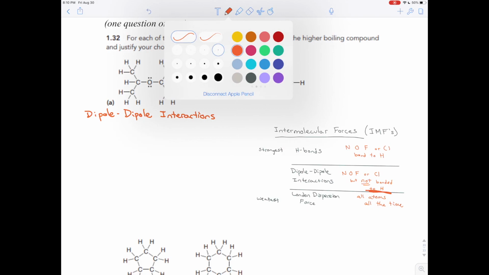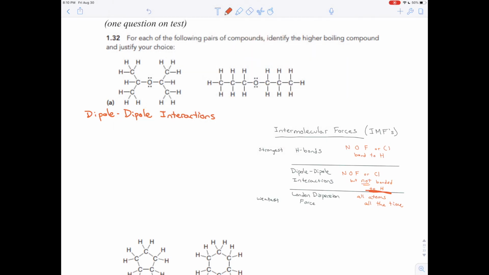And last but not least, are there London dispersion forces? There are, because London dispersion forces are everywhere all the time. They exist between all atoms all the time. But notice that there's a lot of branching here. These carbons are not just in a straight chain. They branch off of each other, as opposed to on the right, where they go in a straight line.